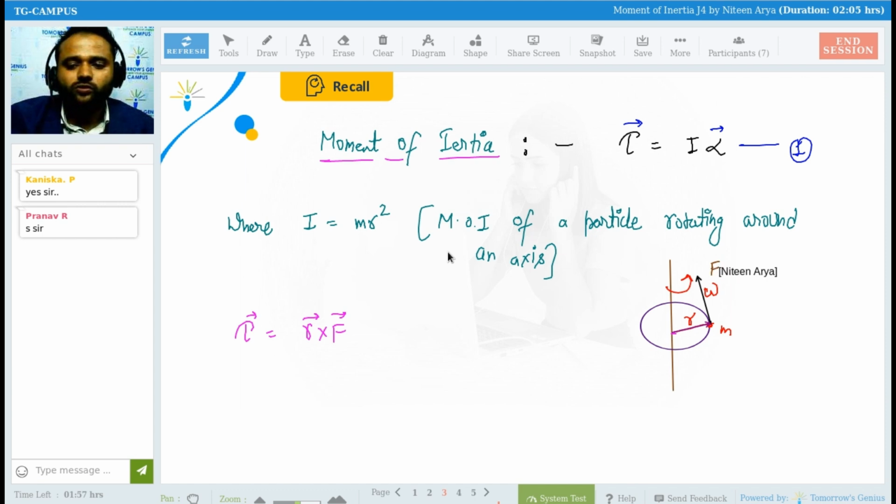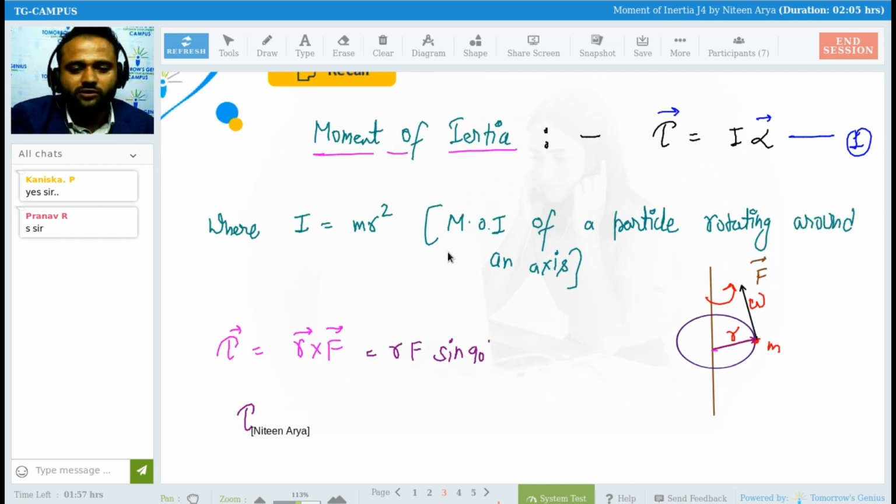The angle between force and radius vector is 90 degrees, perpendicular, so we can write r F sine 90 degrees.